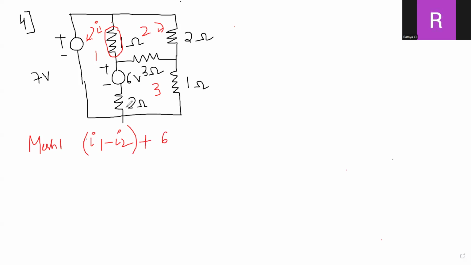The 2 ohm resistance is shared by both I1 and I3, children. So it is 2 into I1 minus I3, which is equal to minus 7. So now what do we need to write?